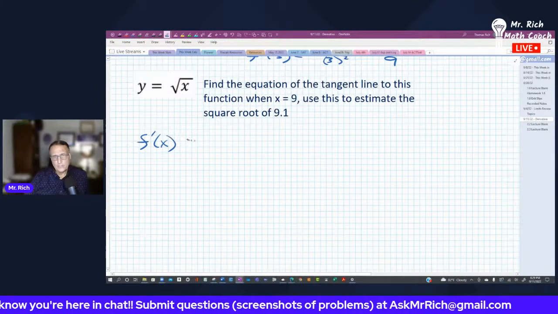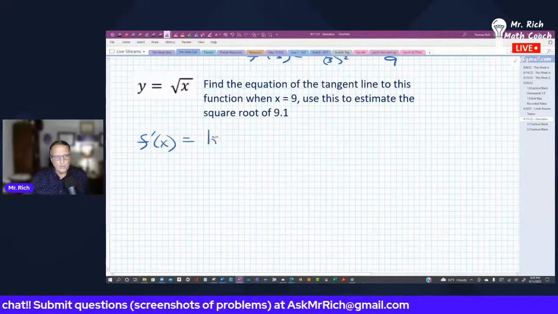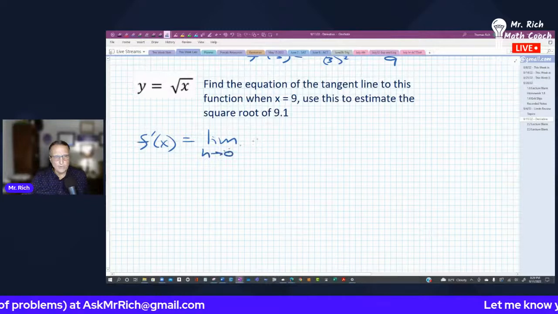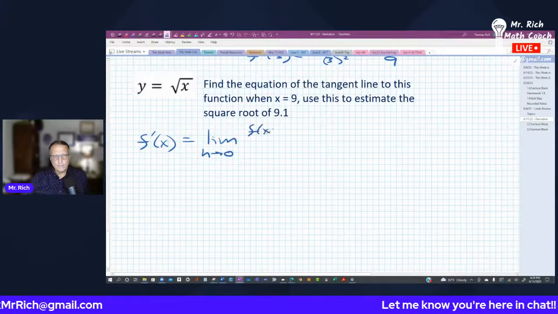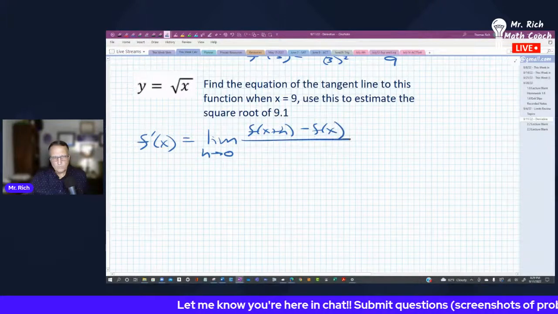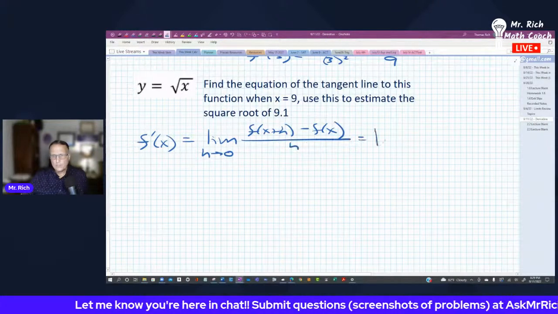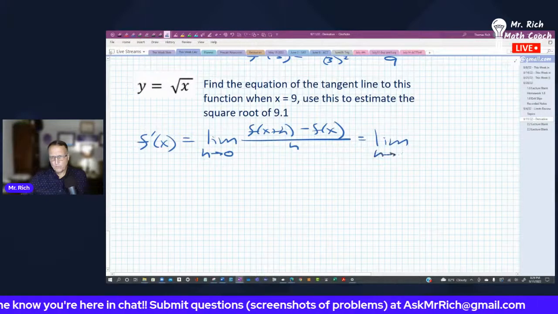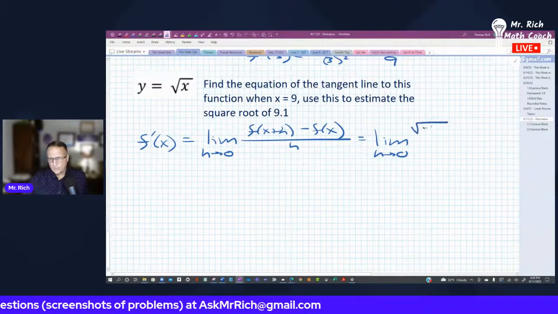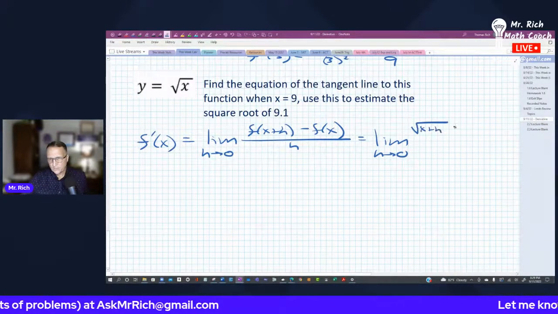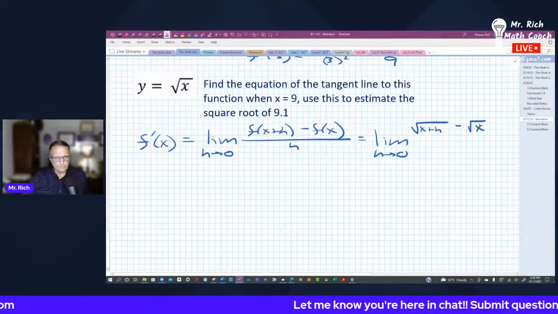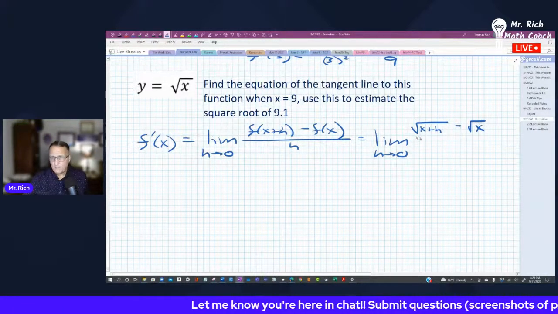And let's do that. So we are going to start again with our limit definition, right? The limit as h goes to 0 of f of x plus h minus f of x all over h. So let's do it. What is this? f of x plus h would be the square root of x plus h minus the square root of x, and that would be all over h.